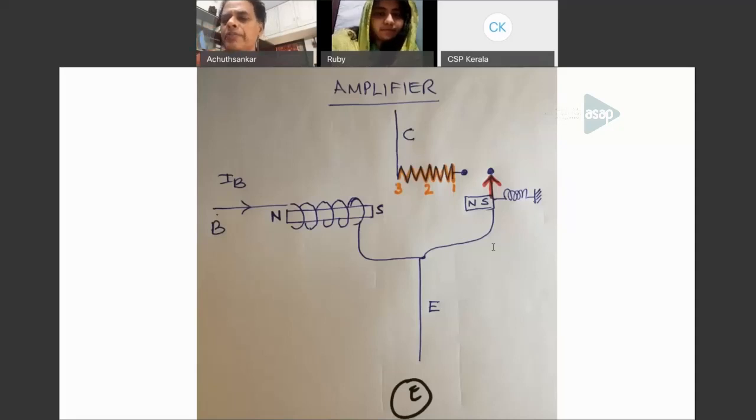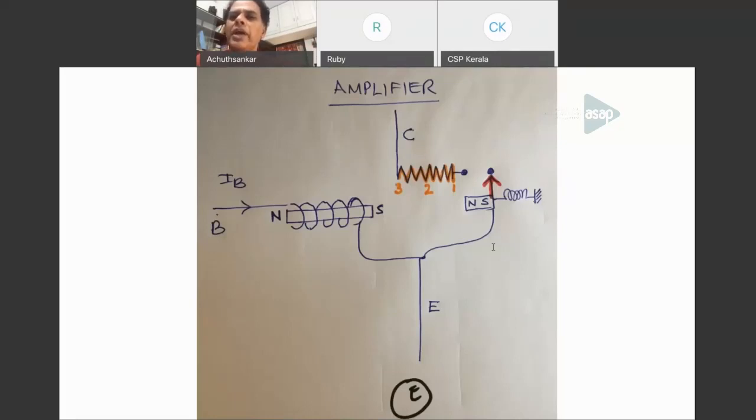Okay, look at this picture. If IB gets reversed, there are two things here: an electromagnet and a permanent magnet. If IB is flowing into the transistor, the electromagnet attracts the permanent magnet, so the permanent magnet moves. If IB is in the reverse direction, then the electromagnet's polarity is reversed. Instead of north on the left and south on the right, it becomes south on the left and north on the right.